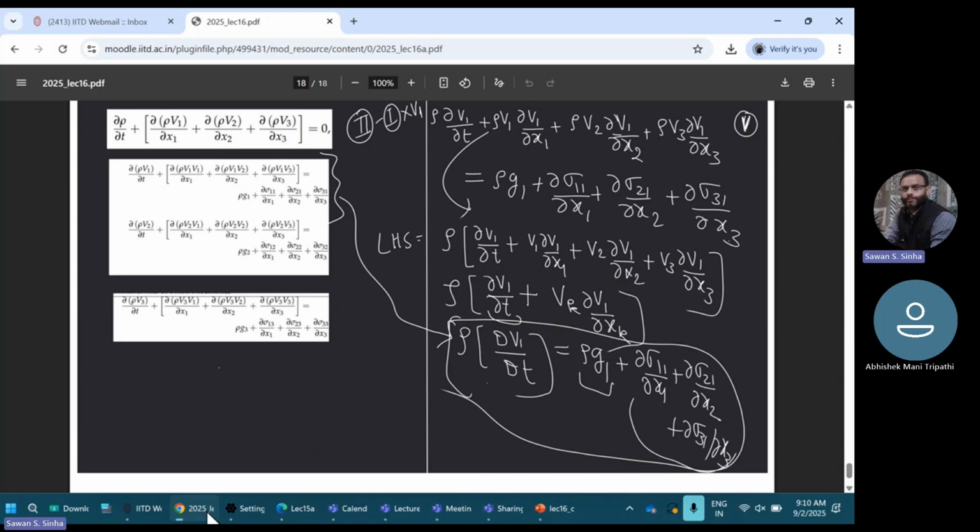Which 2 surfaces? S1, S2, S3, S4, S5, S6. Let's go back here. Let's first see where this contribution must be coming from. Del sigma 1, 1, del x1, which 2 surfaces are contributing? First of all, this is force in which direction? One direction.